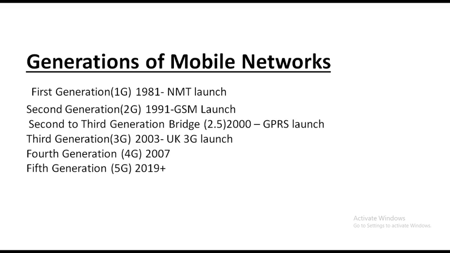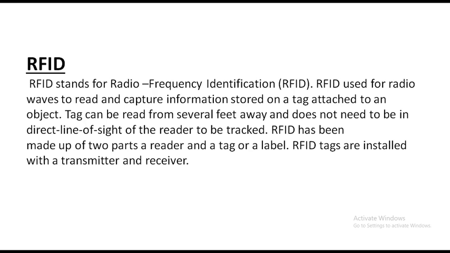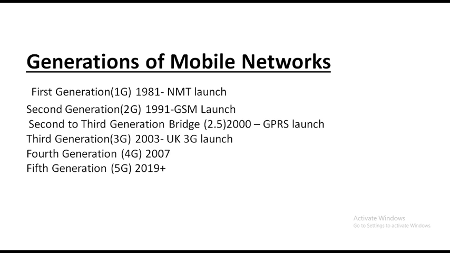And next one is WLANs. WLAN is nothing but wireless LAN. Here they used Wi-Fi technology. Wi-Fi stands for wireless fidelity. It is a wireless technology that permits computers and alternative devices to be connected to each other in a local area network and to the net without wires and cables.